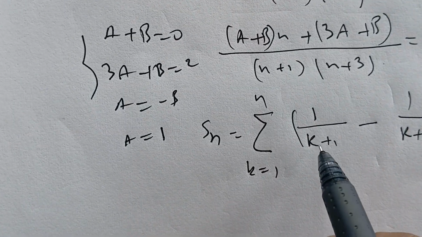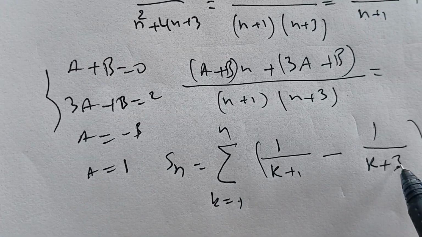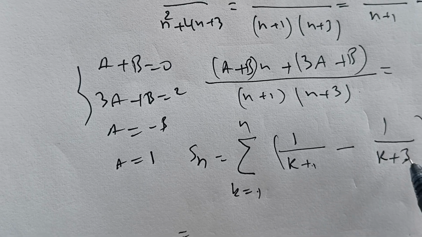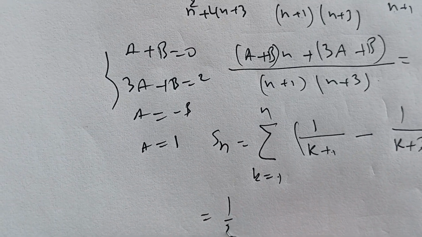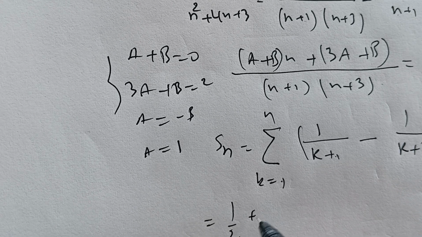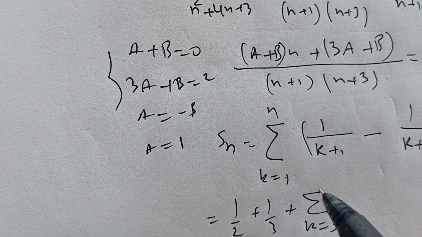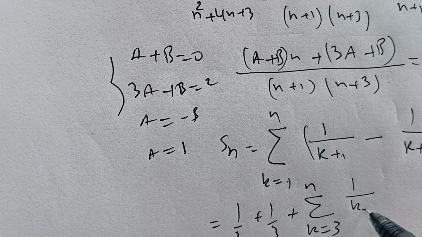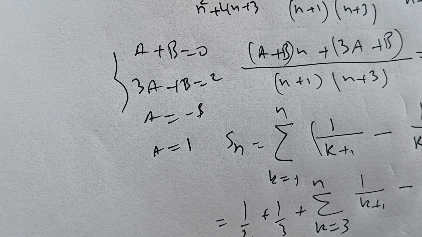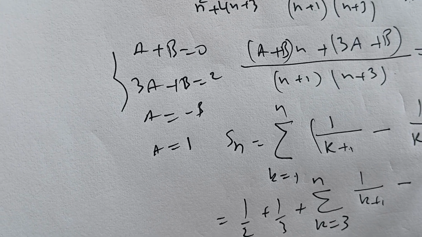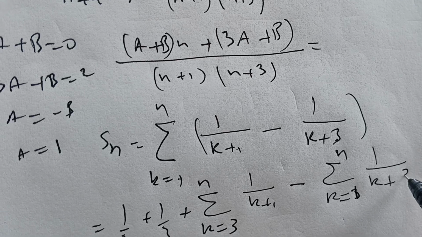Here we're going to go until we reach 3. How many numbers do we need to reach 3? We need 2. So when k is 1, we have 1/2. When k is 2, we have 1/3. And after that, we reach 3. So k is going to go from 3 to n, 1 over k plus 1, minus this one, which still goes from 1, 1 over k plus 3.